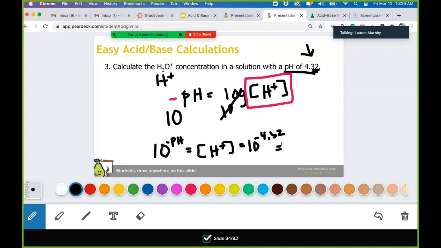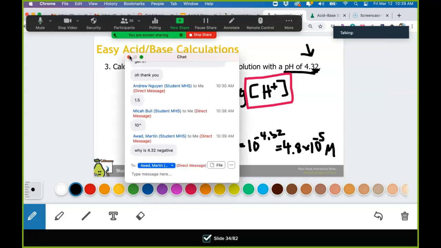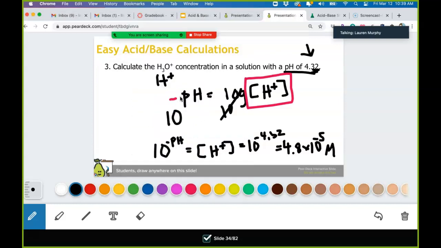I don't remember this number. 4.8 times 10 to the negative 5th molar. The 4.32 is negative because the pH equation equals negative log of H, so you have to move the negative over to isolate the H by itself.